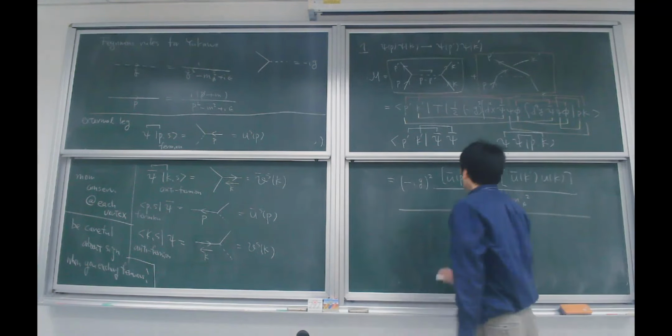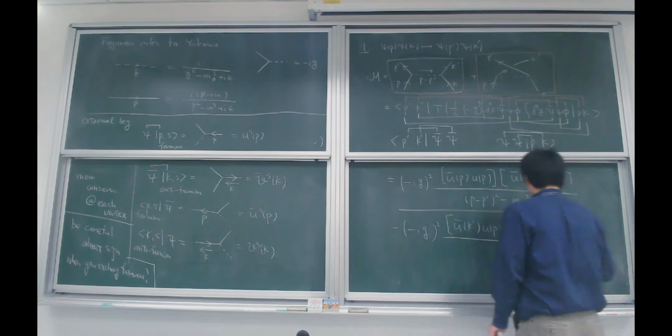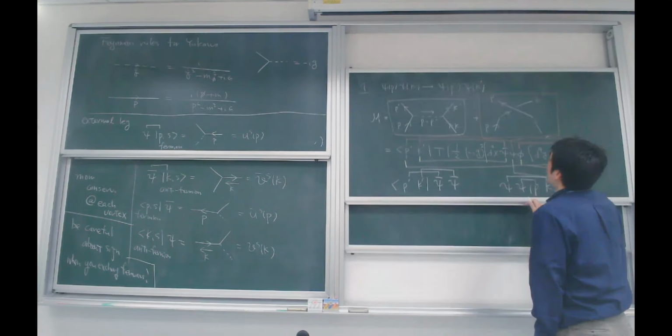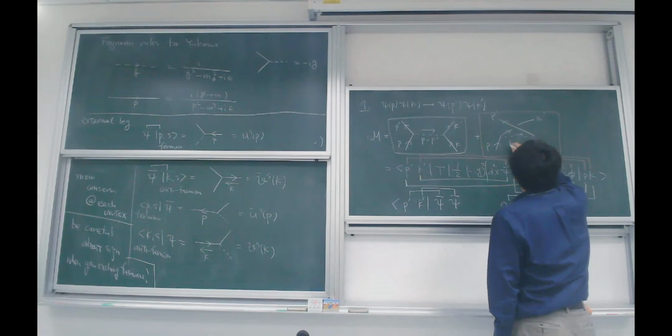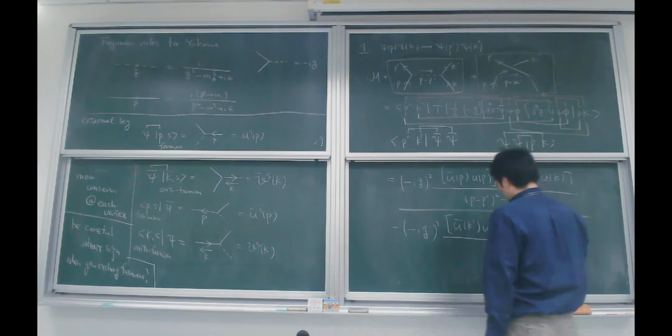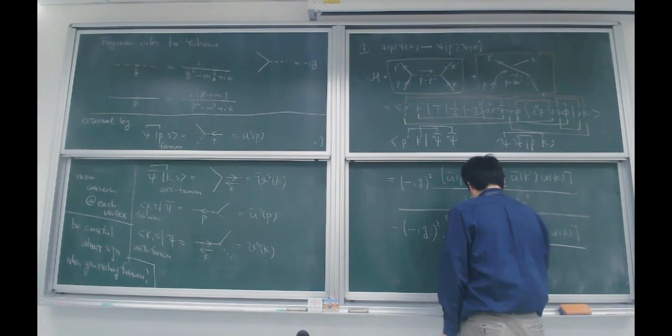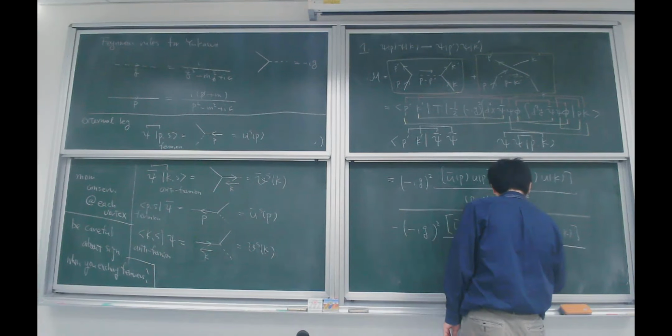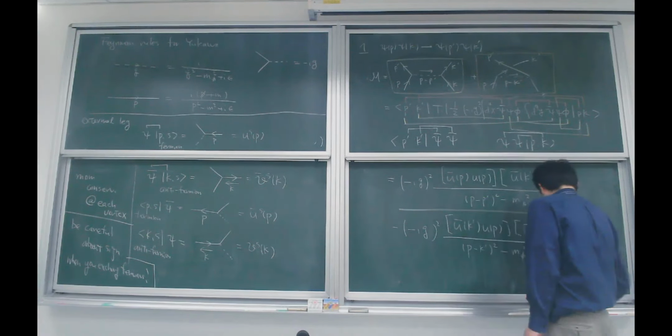And then the same thing happens in the opposite case. Now here in the propagator, the momentum is given by p minus k prime, so therefore p minus k prime squared minus m phi squared. This is the red part.